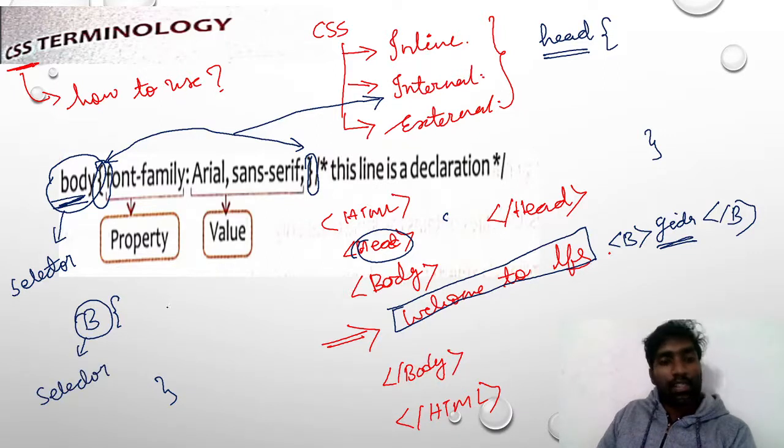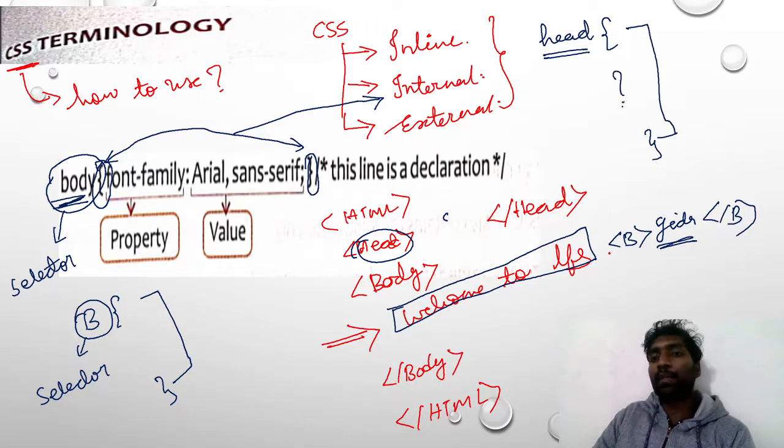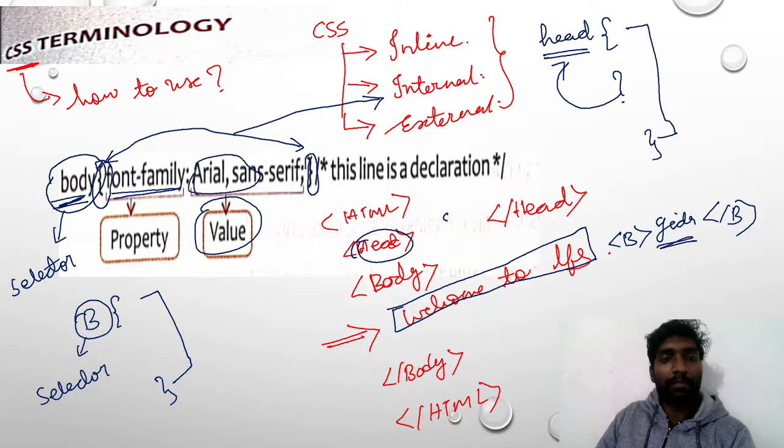Now sir, what is a selector? Inside of this curly bracket, whatever we are going to write, if head is here, from here to here, whatever we write inside will apply to this head tag. For example, here font-family is a property and this is a value, for example Times New Roman, Arial, monotype, cursive.